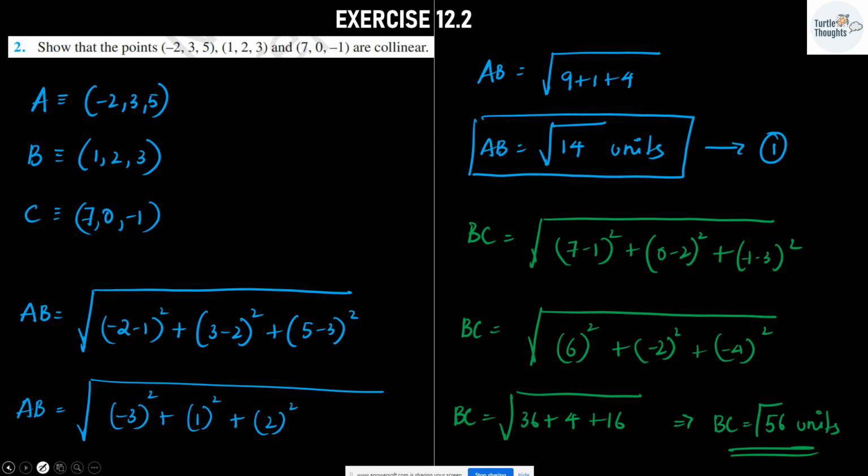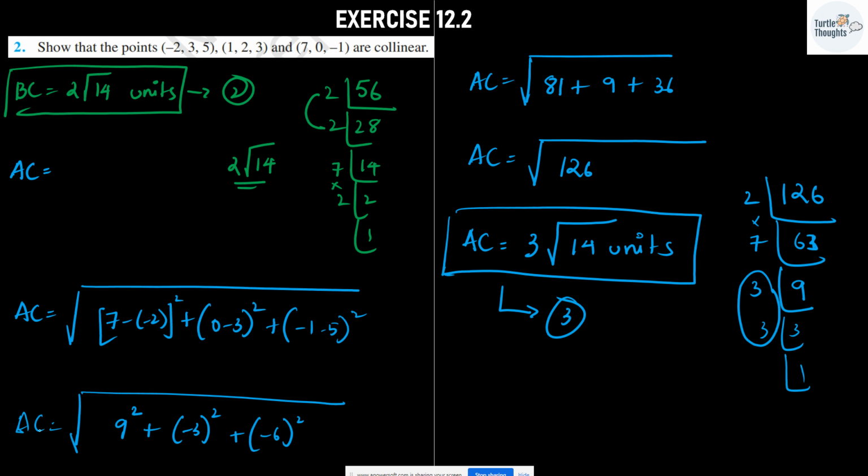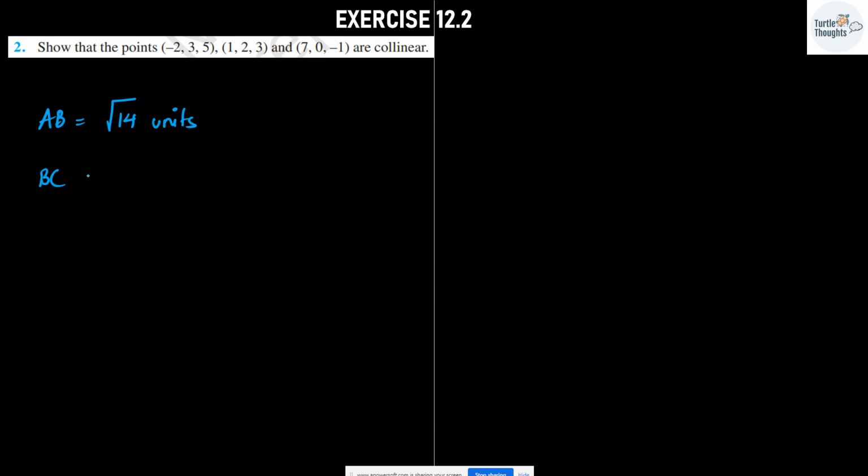If I am not wrong, AB is root 14 units. Equation number 2 is BC, which is 2 root 14 units, and AC I have got as 3 root 14 units.